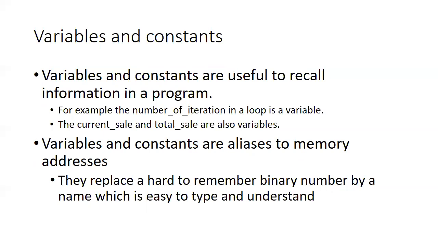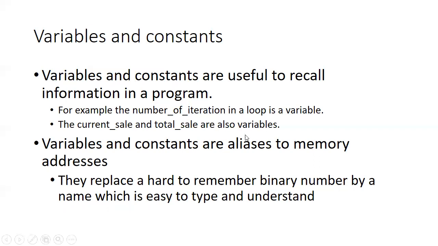For example, in a program, the variable could be used to control the loop. The counter here is a variable. It's called a variable because it actually changes its value during the program. So the counter started out as 1, it'll become 2, 3, 4 as it goes through the program.